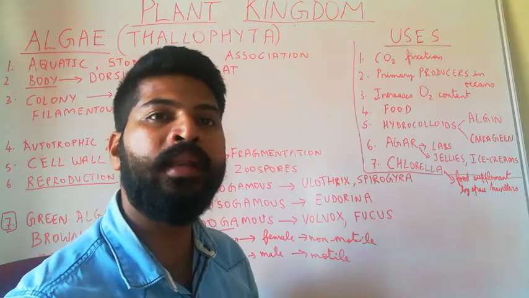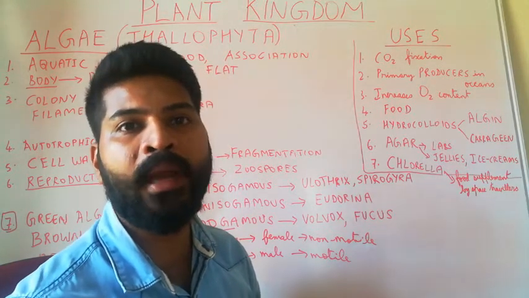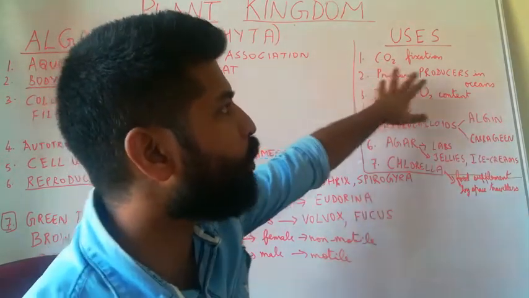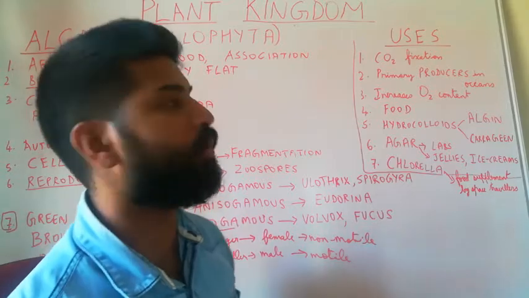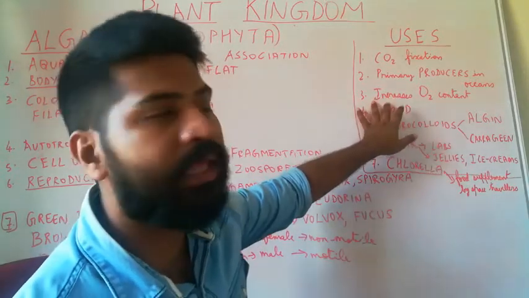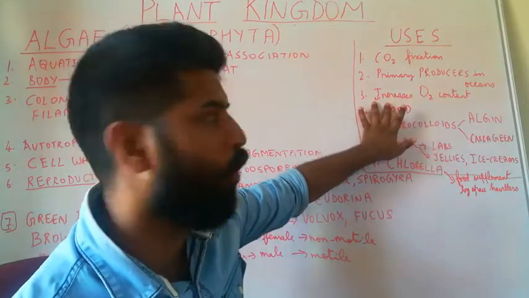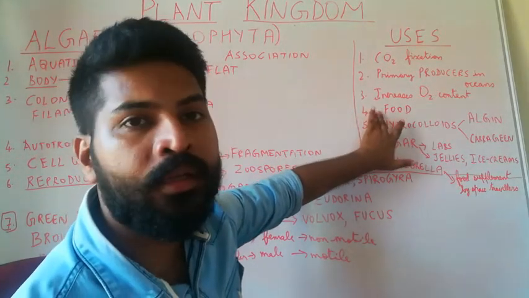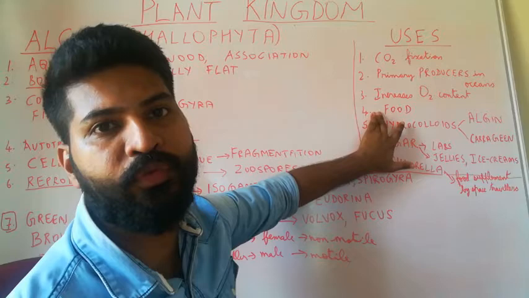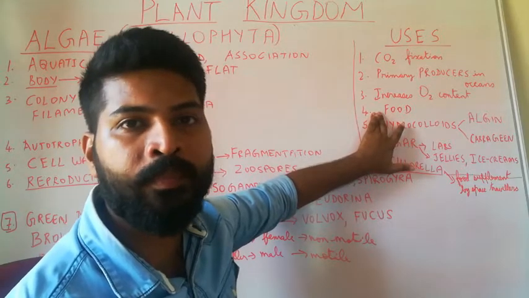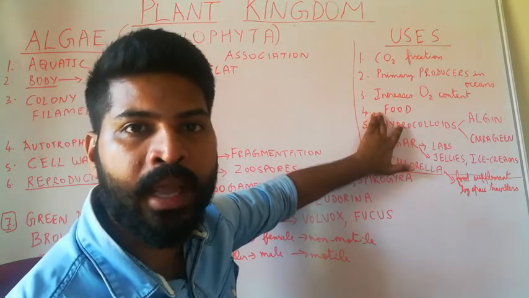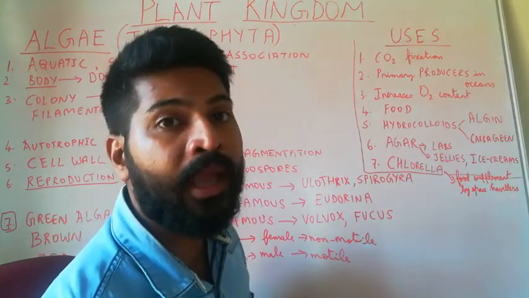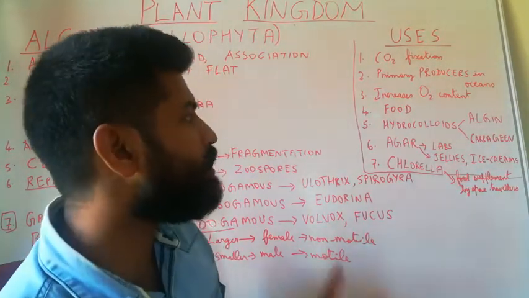These are then eaten up by the zooplanktons, small fishes and other organisms. So these are the primary producers of food. Not only that, they increase the oxygen content in the water. These are also eaten by human beings as food. For example, porphyra, laminaria, sargassum. These are different types of brown algae and red algae eaten as food.